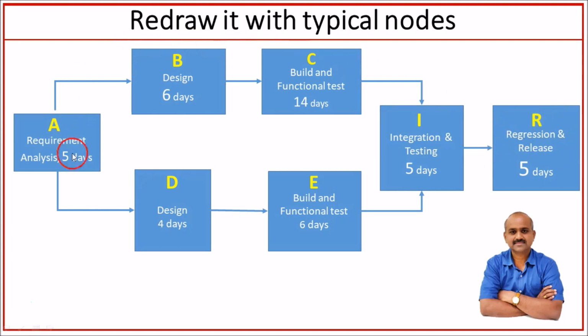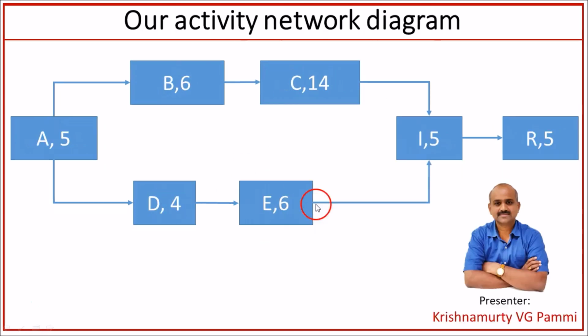So using the activity flow diagram, we know what is performed first, what is performed next, what activities are performed in sequential way, and what activities are performed in parallel way. For example, B, C activities are performed in parallel to D and E. So this is how our activity network diagram looks.